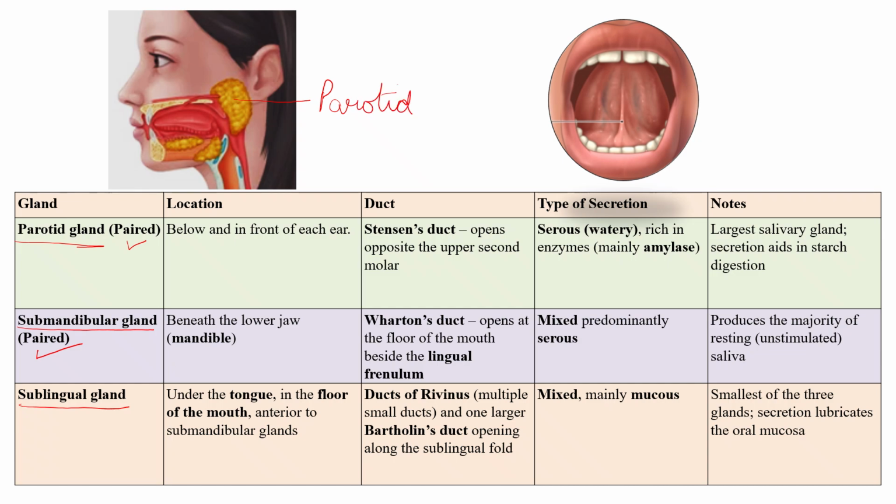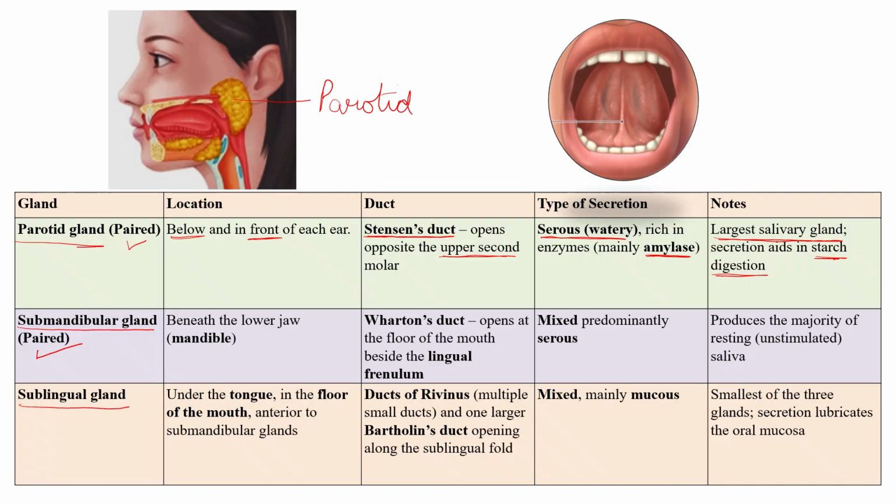This is below and in front of each ear. And via Stenson's duct, it opens opposite the upper second molar, and its secretion is watery or serous and contains amylase enzyme which aids in the digestion of starch. And this is also one of the largest salivary glands.